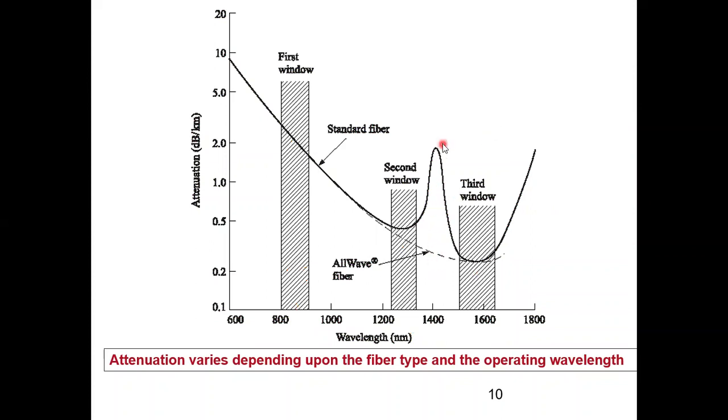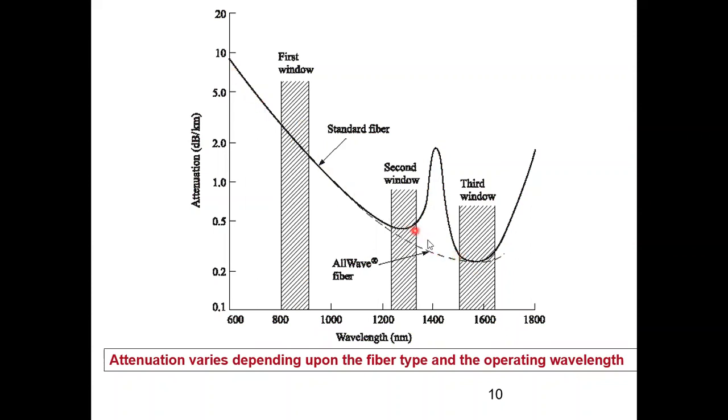Why suddenly this happened, what happened with the fiber: when I increase the wavelength, the loss should decrease, but suddenly the loss was more. We will be seeing how the fiber, that silica glass, behaves when I am increasing the wavelength.